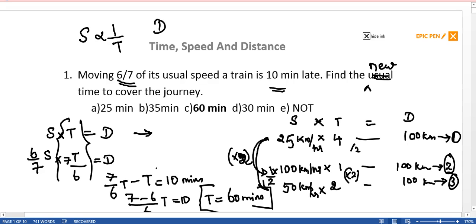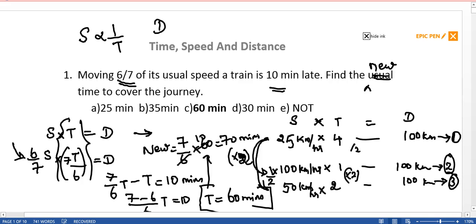We know that the new speed is 6 by 7 speed, so the new time is 7 by 6 of the original time, which is 7 by 6 of 60 minutes. So this is nothing but 70 minutes.